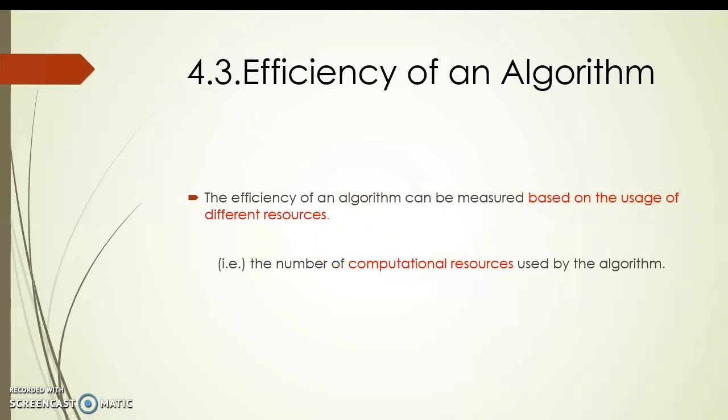The best algorithm must use minimum resources and give an efficient result, that is, it depends on the number of computational resources used by the algorithm. How can an algorithm work efficiently?